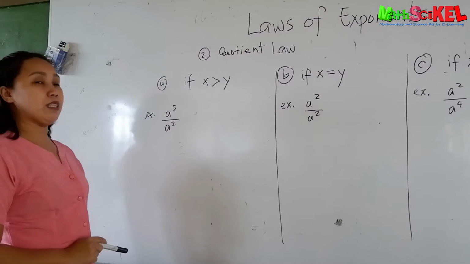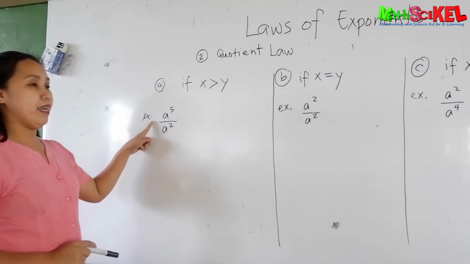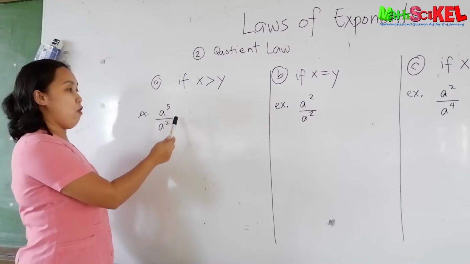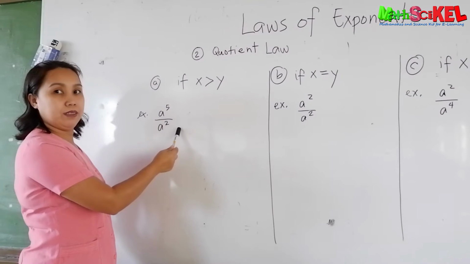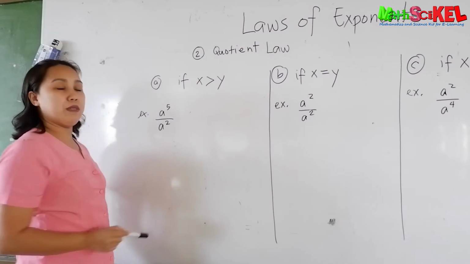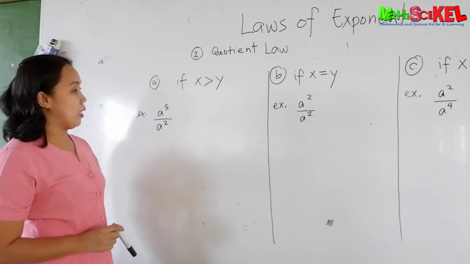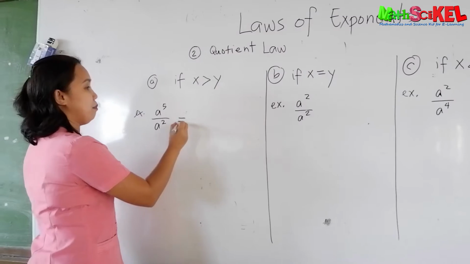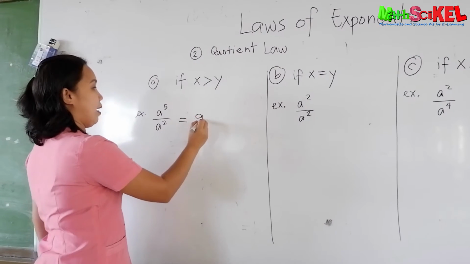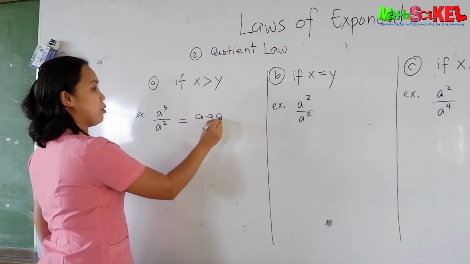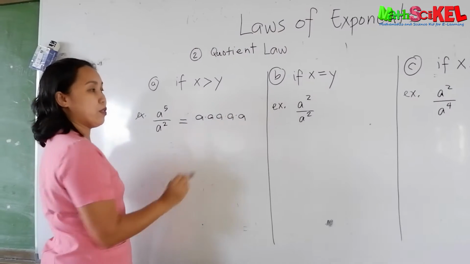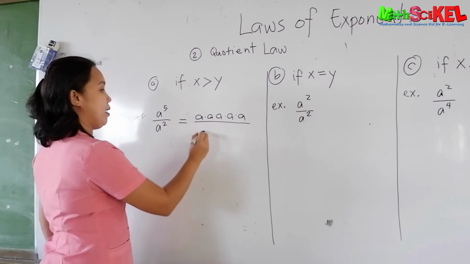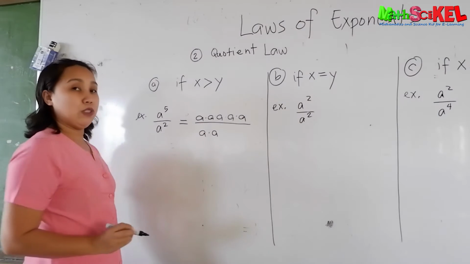So, using the quotient law, we will have a raised to the 5th power over a squared. The quotient law is similar to subtraction of exponents. Therefore, it can be written as a times a times a times a times a divided by a times a.